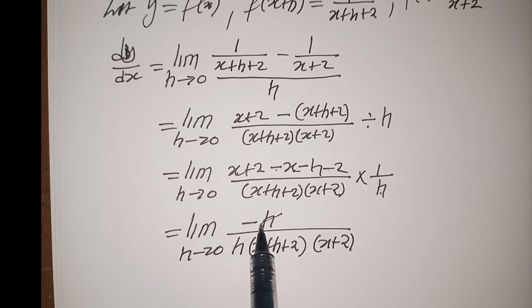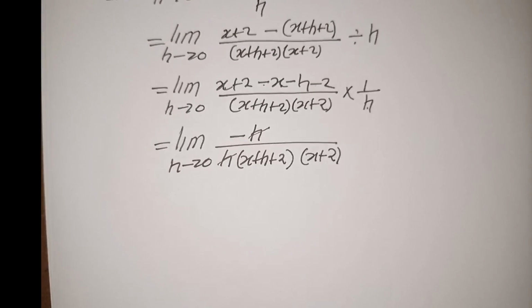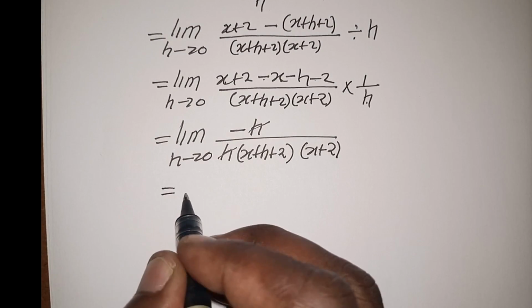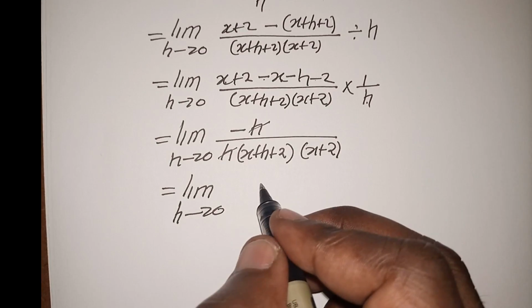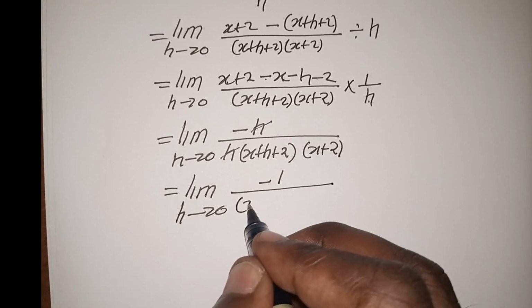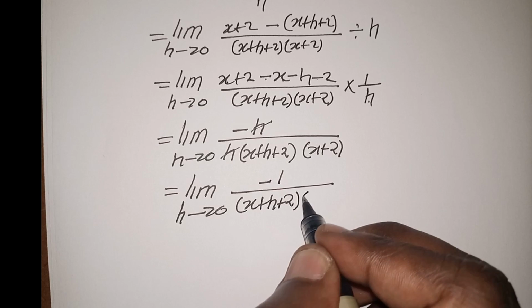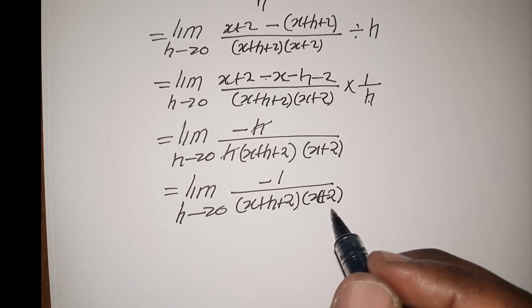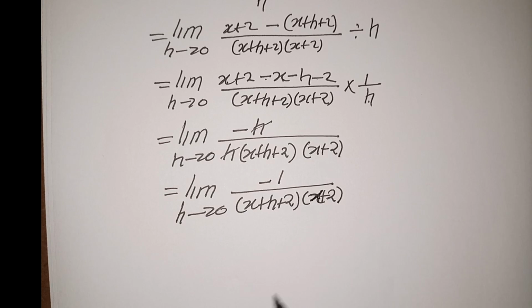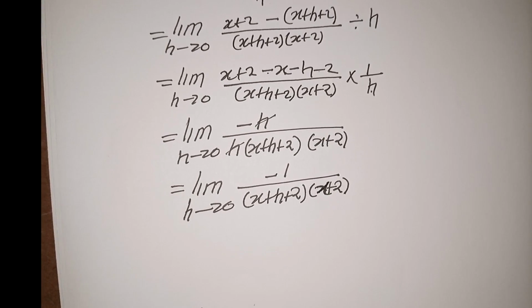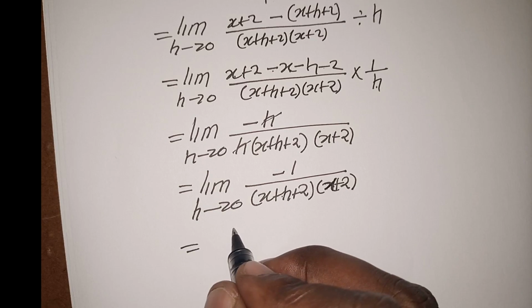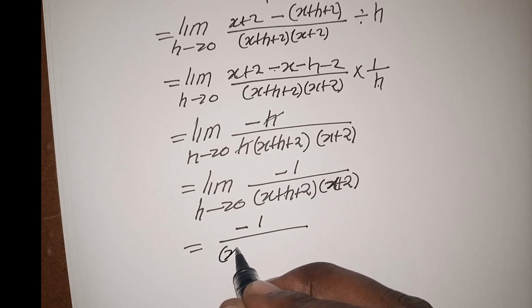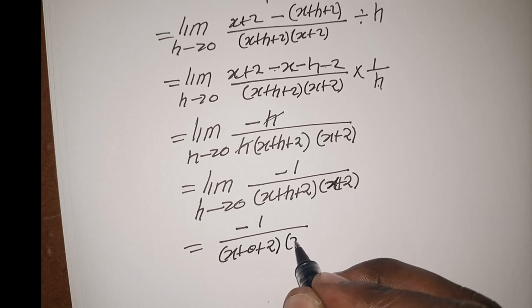At this point, you can divide out this h. Then we remain with the limit as h goes to 0 of negative 1 on top over (x plus h plus 2)(x plus 2). At this point, you can now try to substitute directly. We put 0 where there is h. You're going to have negative 1 over (x plus 0 plus 2)(x plus 2).